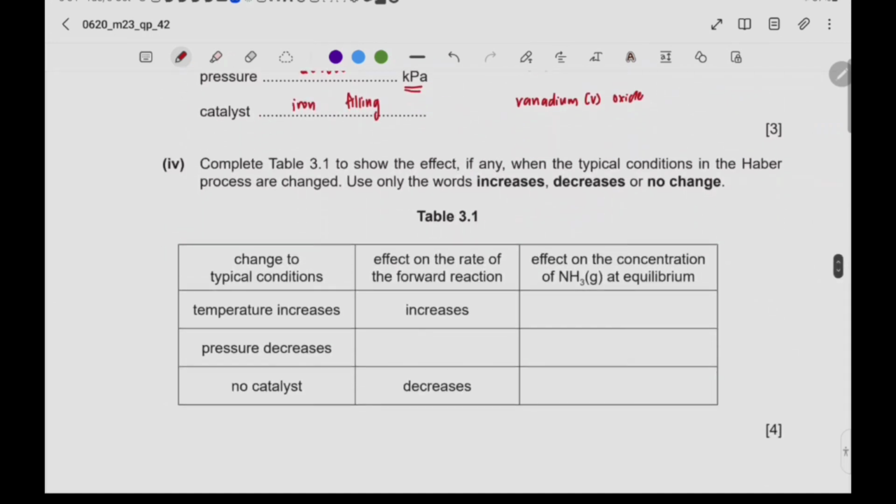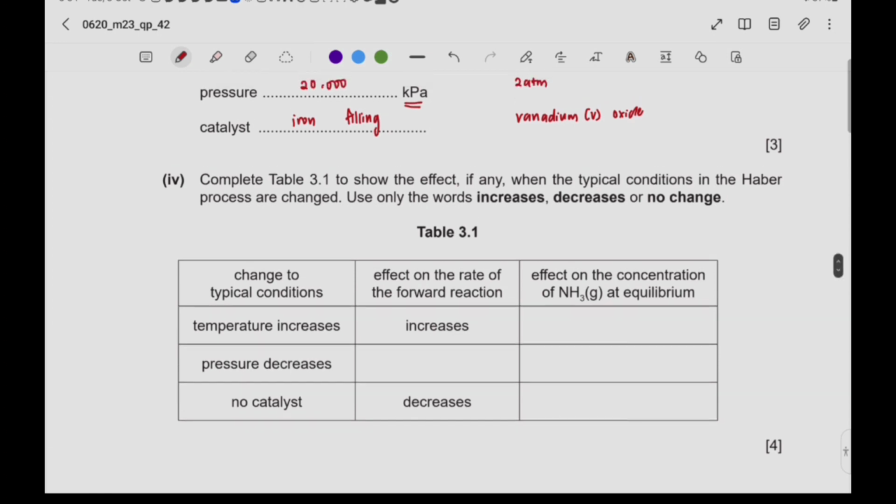Okay, so let's see here. Must be careful about the difference between rate and equilibrium. Equilibrium means the forward reaction and also the backward reaction. So this is either the forward or the backward. And for the effect on rate, the rate of reaction is very simple.